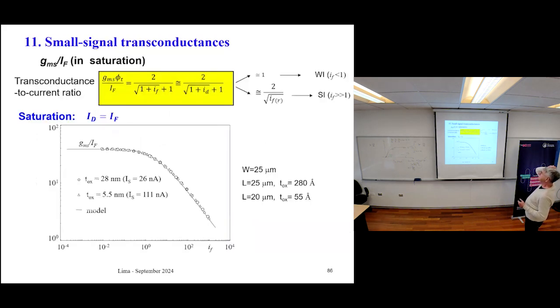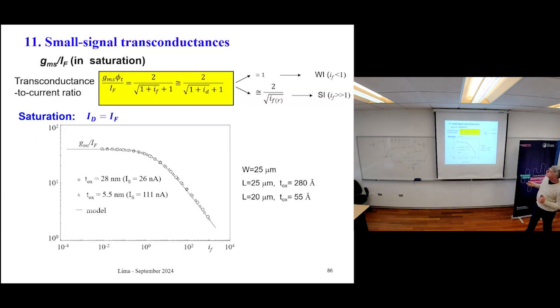This is another curve, which is GM over ID, or if you want, GMS over IF. The theoretical curve is this one here, a solid line in this picture. These symbols represent measurements.